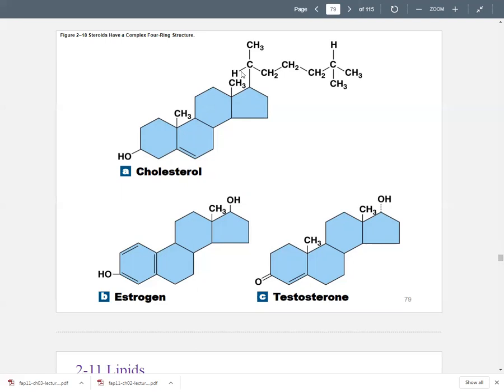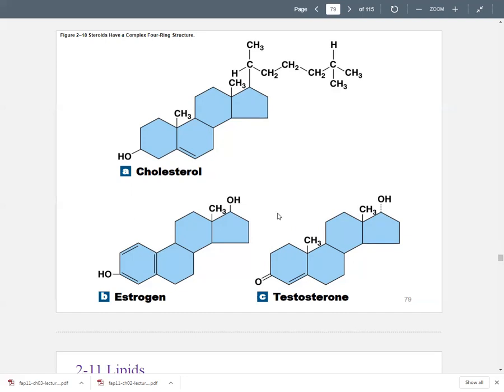It's a steroid. You might not know which steroid it is. You might not know if it's cholesterol or estrogen or testosterone. To be honest with you, I wouldn't worry about that right now. I would mainly worry about, do you know this is a steroid? Because if you're that far along, the answer choices will maybe only have one of these.